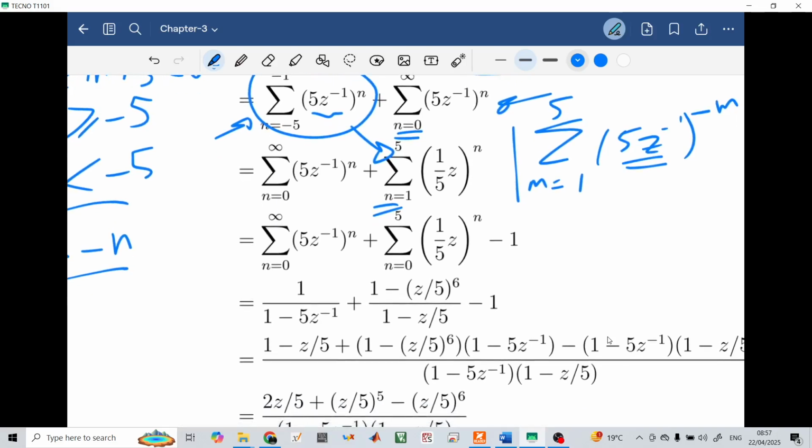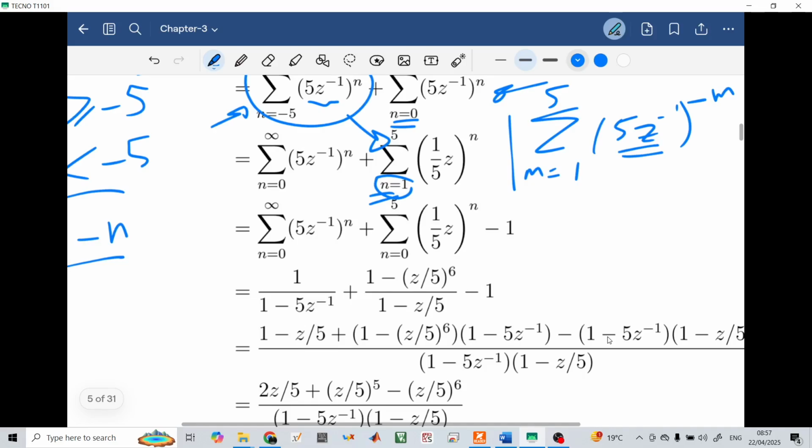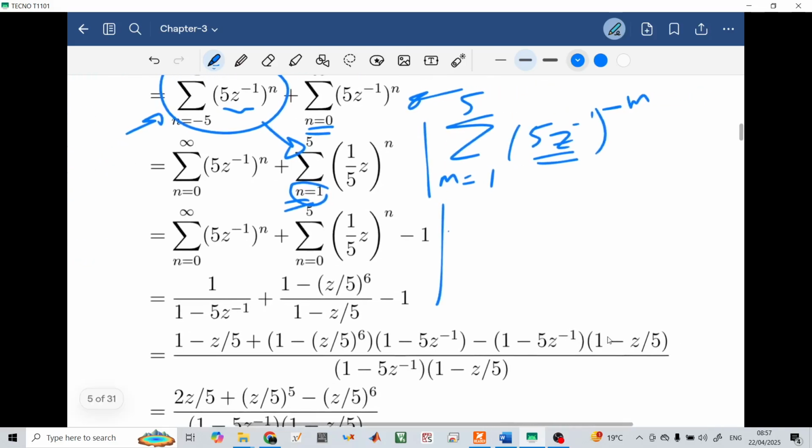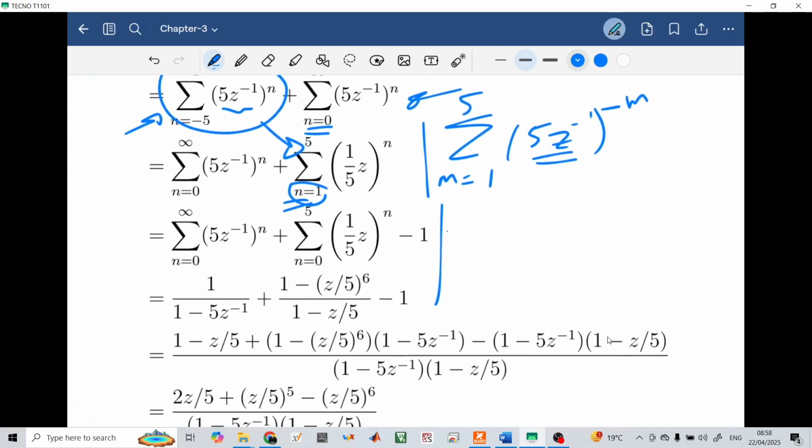Now we have a small detail that we need to attend to. This series starts from 1, not 0, so we cannot use the definition of the finite geometric series in a straightforward manner. We should modify it to start from 0. We can say that this series equals the series starting from 0 minus the 0th term.